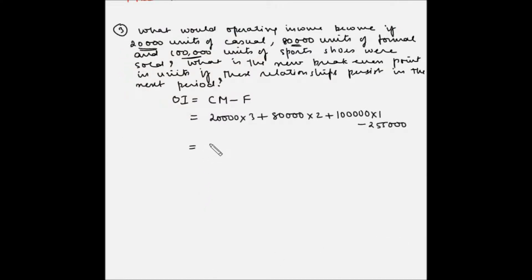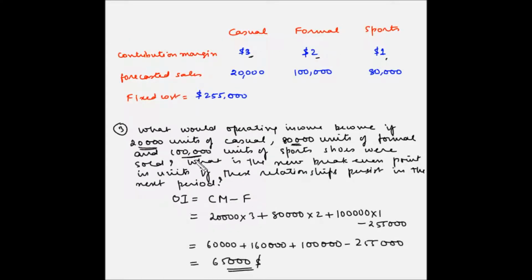So this is equal to 60,000 plus 160,000 plus 100,000 minus 255,000. So this is equal to $65,000. So this is the operating income with the changed sales mix.